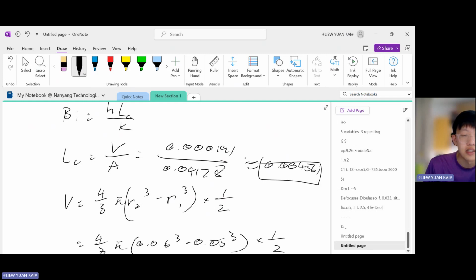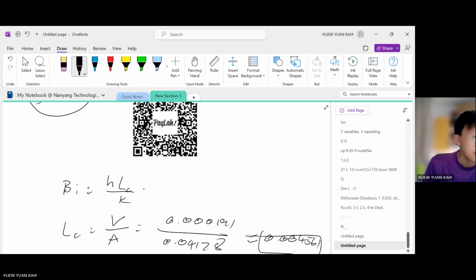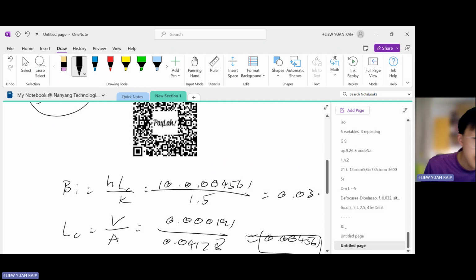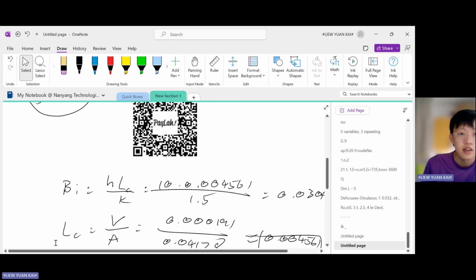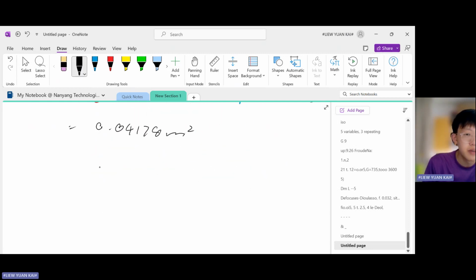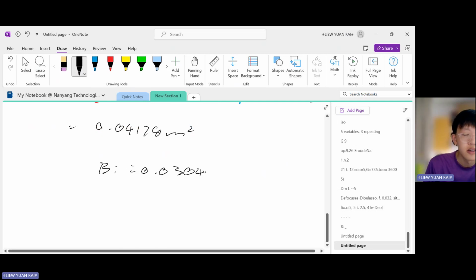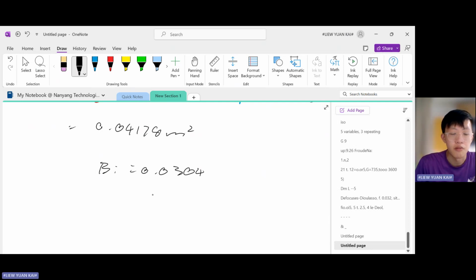Finally, you can put this into your Biot number formula. Your Biot number is 0.0304. So pay attention to your Biot number: 0.0304, etc.